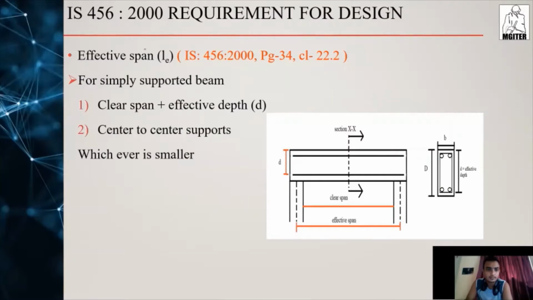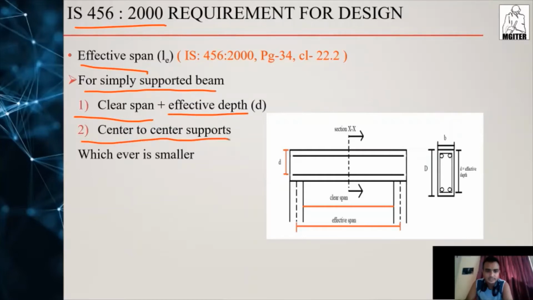Then some requirements of IS 456:2000. This is the effective span, L_e. For a simply supported beam, we have two conditions: clear span plus effective depth, or center to center of supports, whichever is smaller.